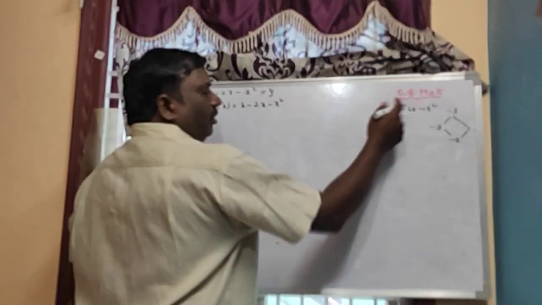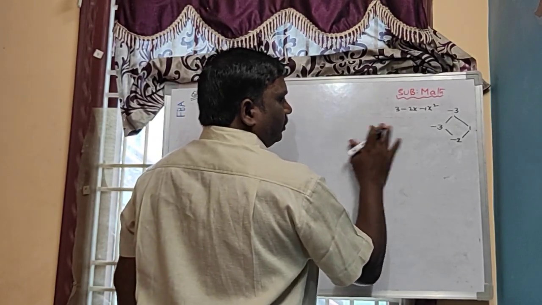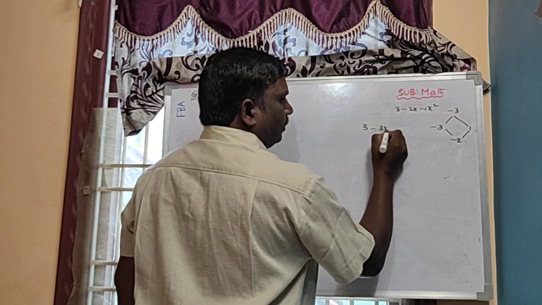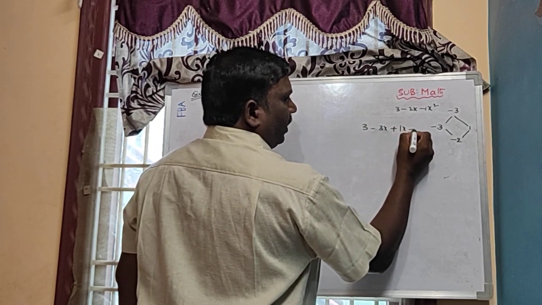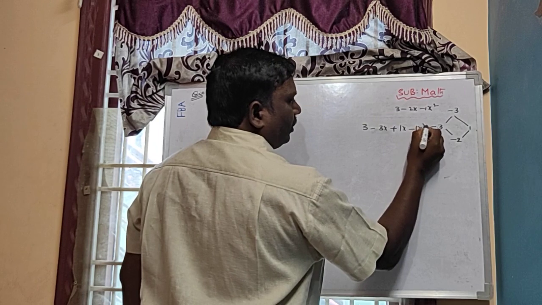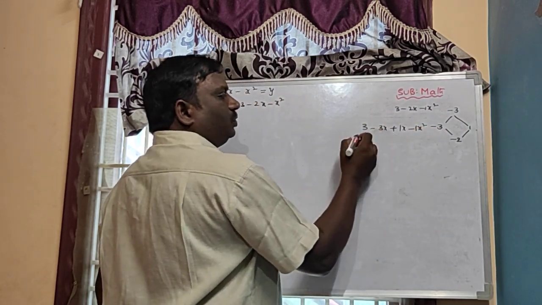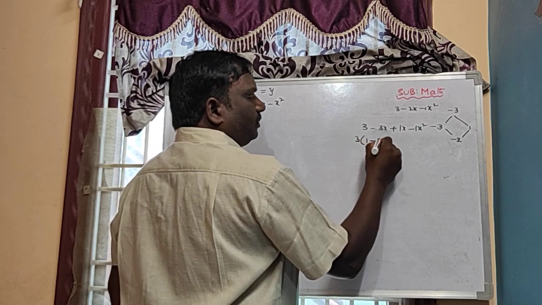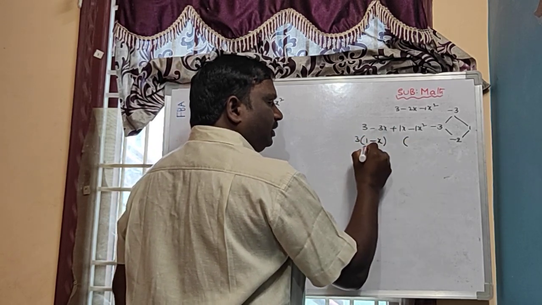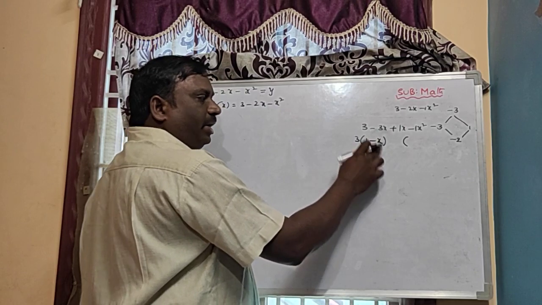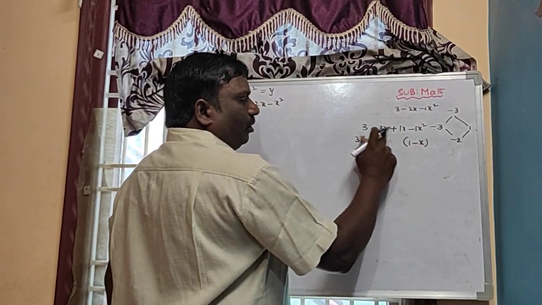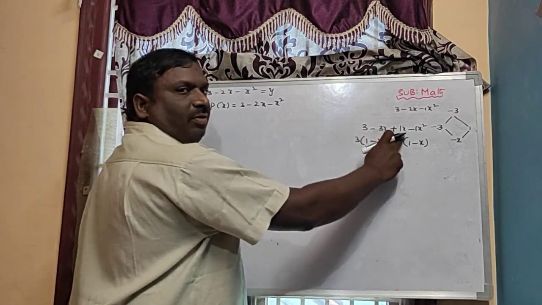Now if you simplify this, 3 minus 3x plus 1x minus 1x square. As I said yesterday, from these two terms take one value common. What is that? 3. If you take 3 common, 1 minus x will come, and write as it is the value in that bracket, 1 minus x. So these two terms are completed. We need to simplify the third term.